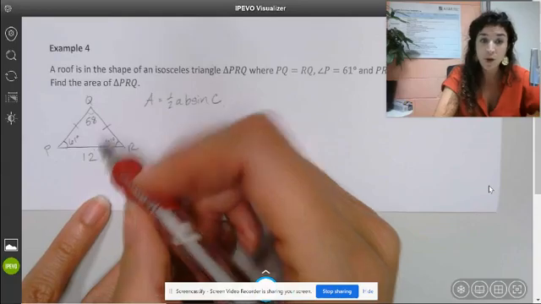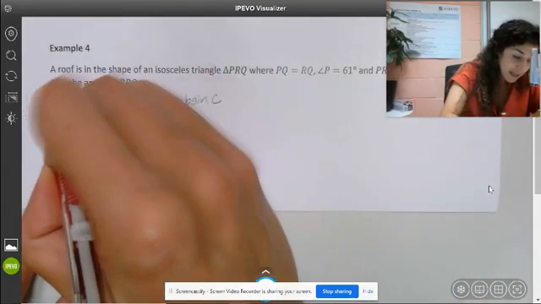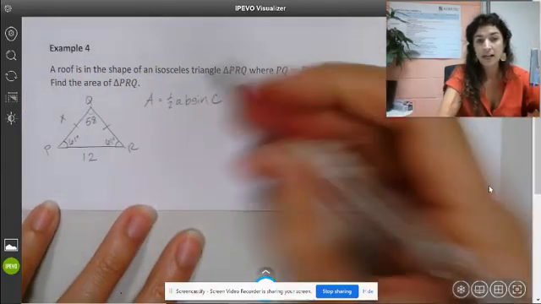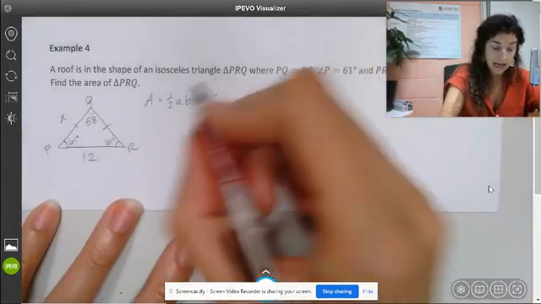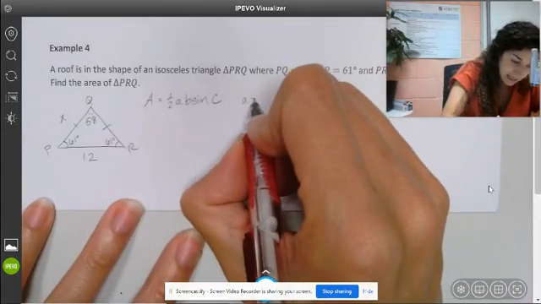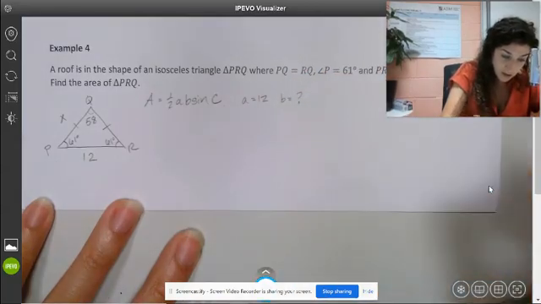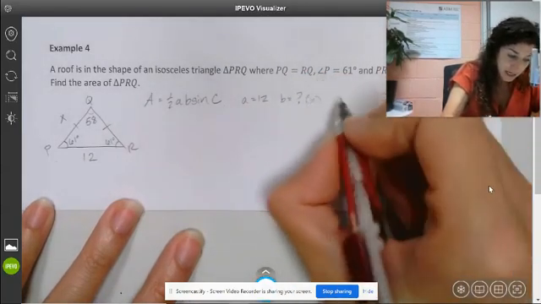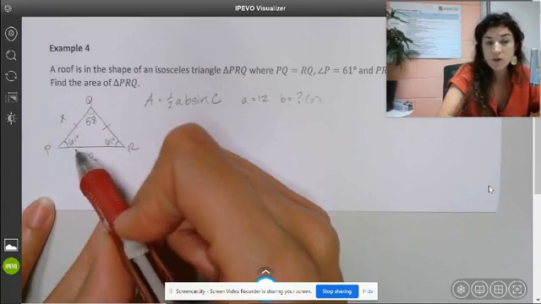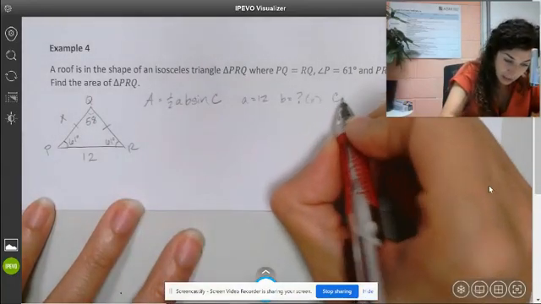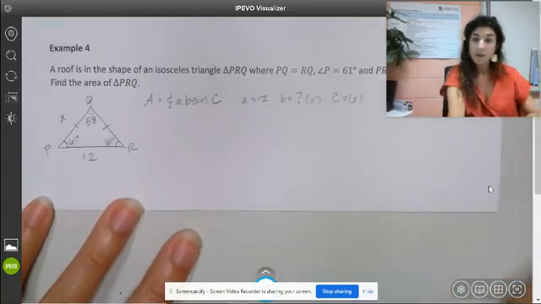Now I have all of the angles and one of the side lengths, and I need to solve for the other side length in order to find this guy. So I have that A is equal to 12, B is equal to question mark, which is X, and the angle in between those two side lengths is 61. So I'll have C equal to 61.